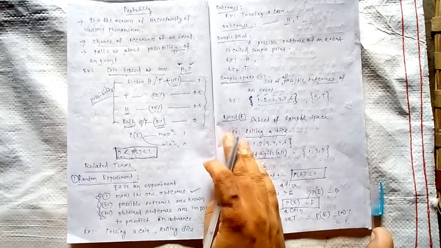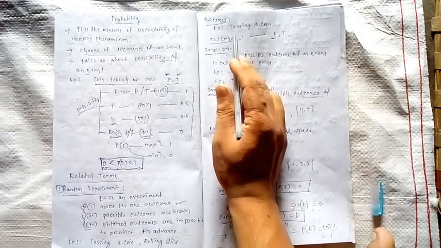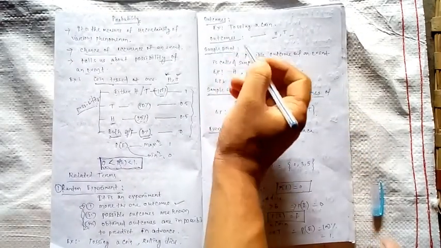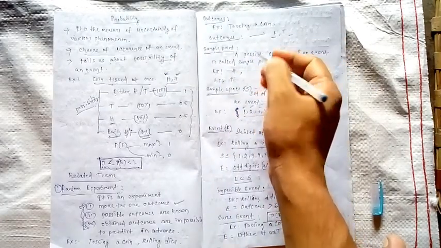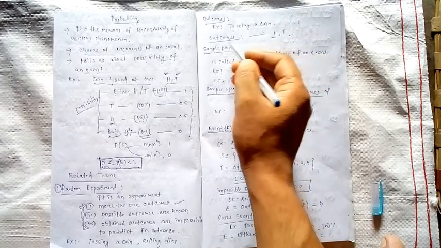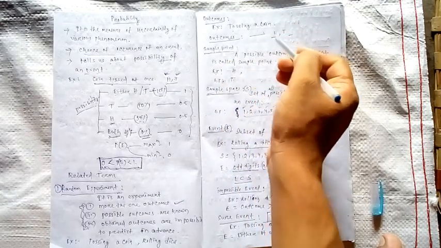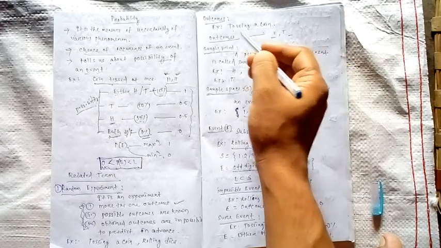Next term is outcome. Here is an example, tossing a coin. Tossing a coin at once, the possible outcomes are head and tail. This head and tail is called outcome.